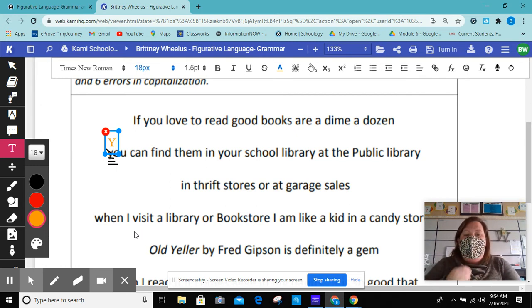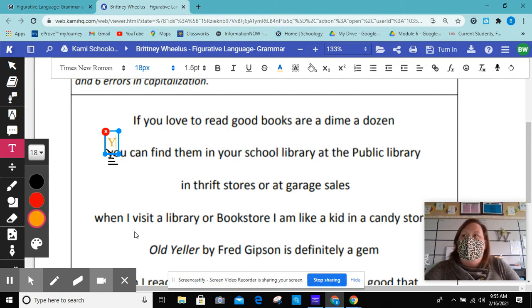I want you to work on the capitalization right now, okay? Now, there are going to be some things that need capitalizing and some things that need to be lowercase. In the second line, where it says you can find them in your school library at the public library, there's one more capitalization error.